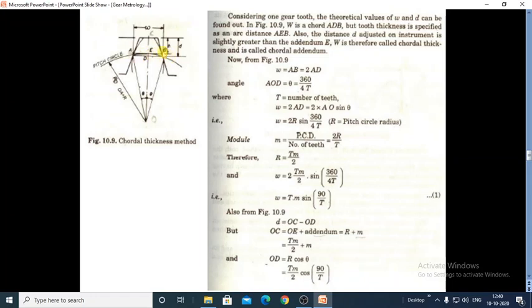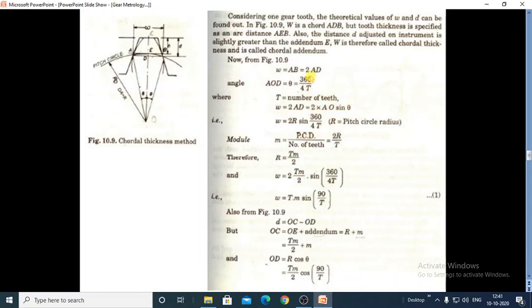But AD is nothing but AO sine theta, which is R sine 360 by 4T.